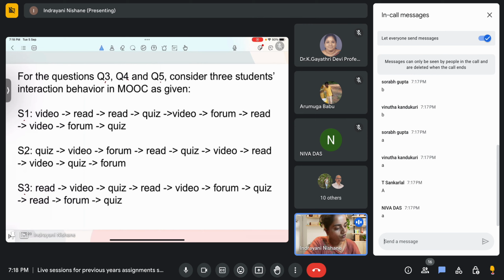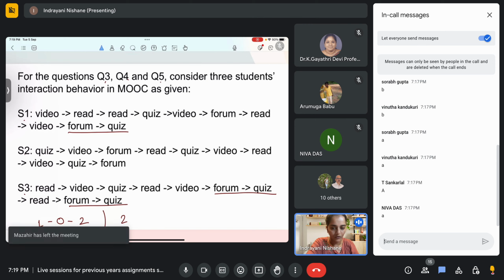For S1: forum read quiz, video quiz, quiz forum, so 1. For S2: read video quiz, so 0. For S3: read video, forum quiz and forum quiz, so 2. And for how many students is this pattern observed? Students 1 and 3, so 2. Total number of students is 3.